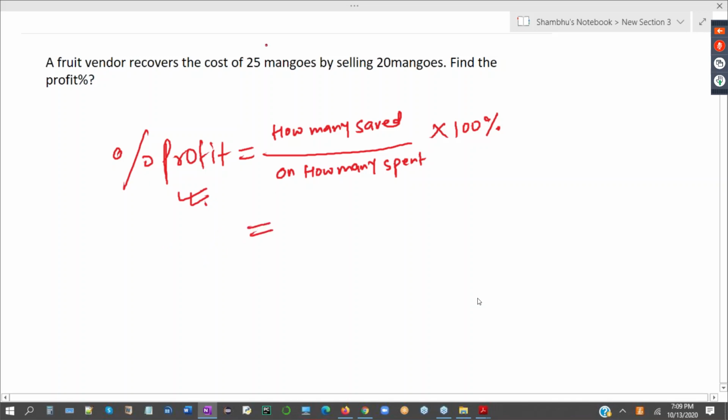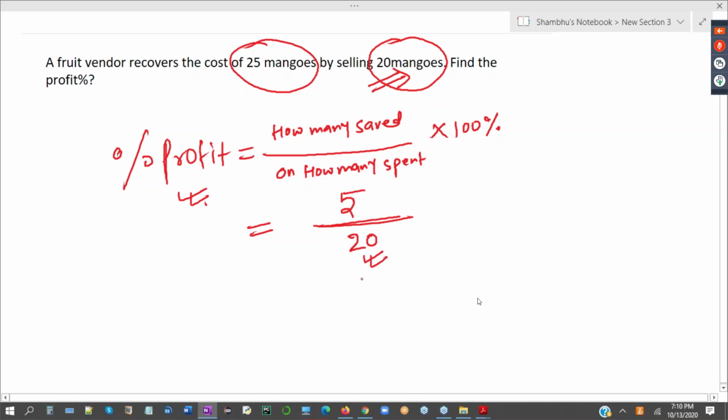How many saved? 25 mangoes' price is recovered by selling only 20 mangoes. When he sells 20 mangoes, he recovers 25 mangoes' price. So how many has he saved? He has saved 5, divided by how many he has spent, meaning how many he has sold. He sold 20.